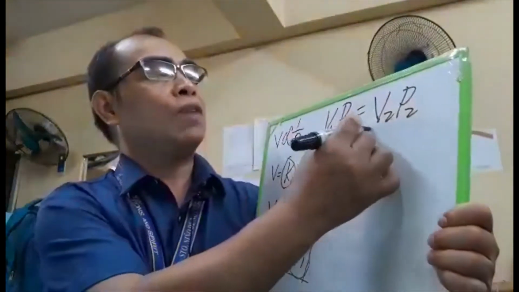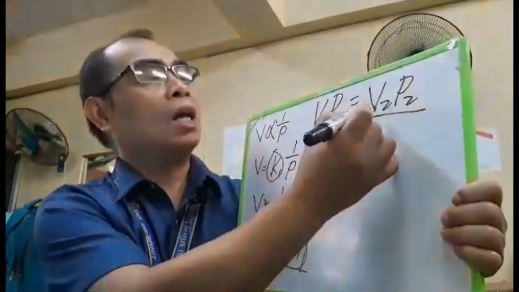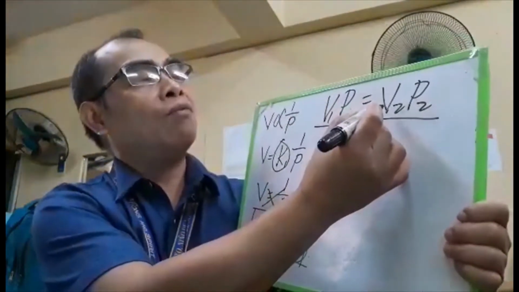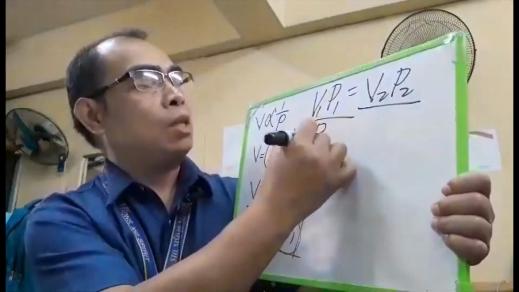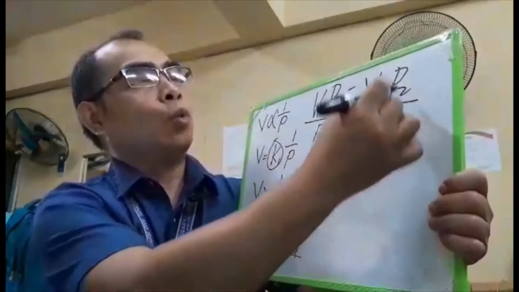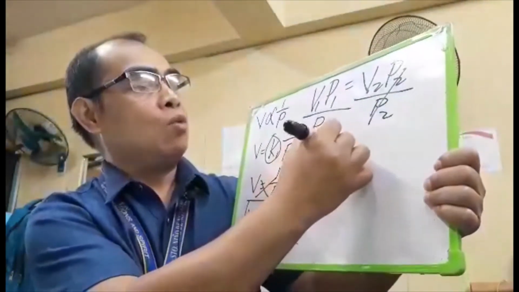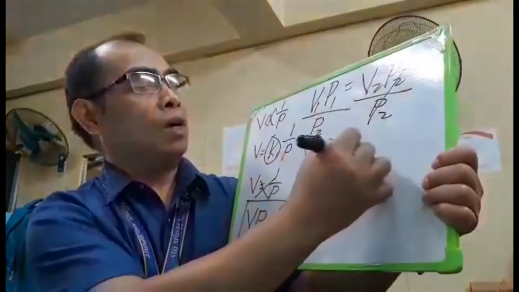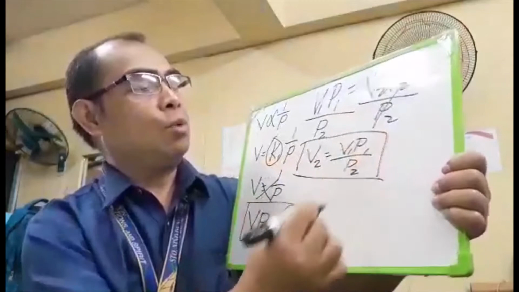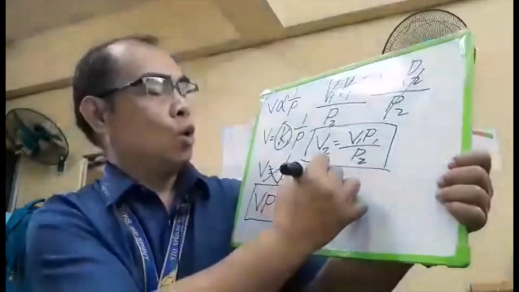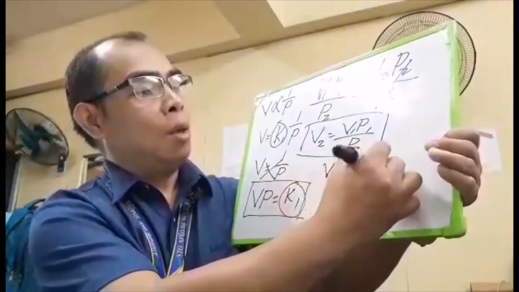We divide both sides by what is beside the unknown. Let's say we are solving for V2, so we divide both sides by P2, and cancel. So V2 is equal to V1 P1 over P2. That's the formula in solving V2.